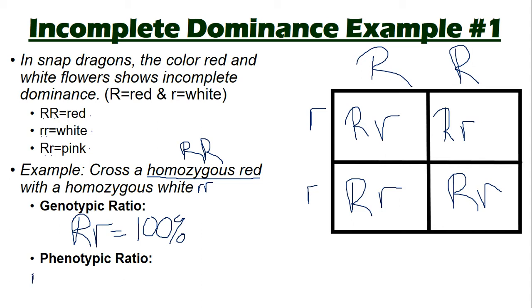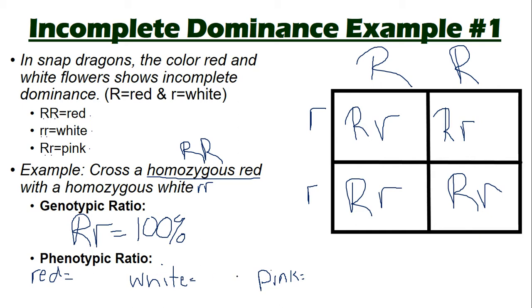For phenotype ratios, remember we have red and white, and now since we're introducing incomplete dominance, we're going to have a third phenotype. The third phenotype here is pink. In the question, it will tell you what color the incomplete dominant heterozygous trait would be, so you don't have to guess.